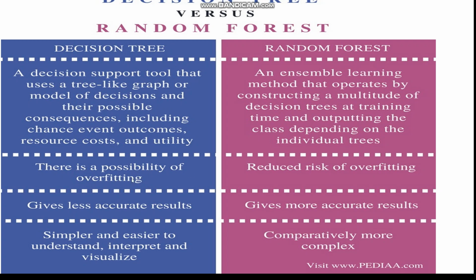The problem of overfitting that occurs in the decision tree is resolved by using random forest. The results are more accurate in the case of random forest, but decision trees are simpler and easier to understand and interpret, also for visualization.